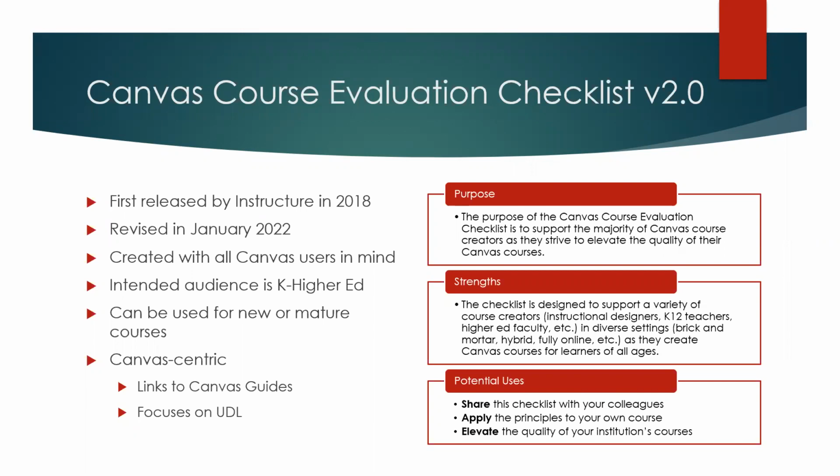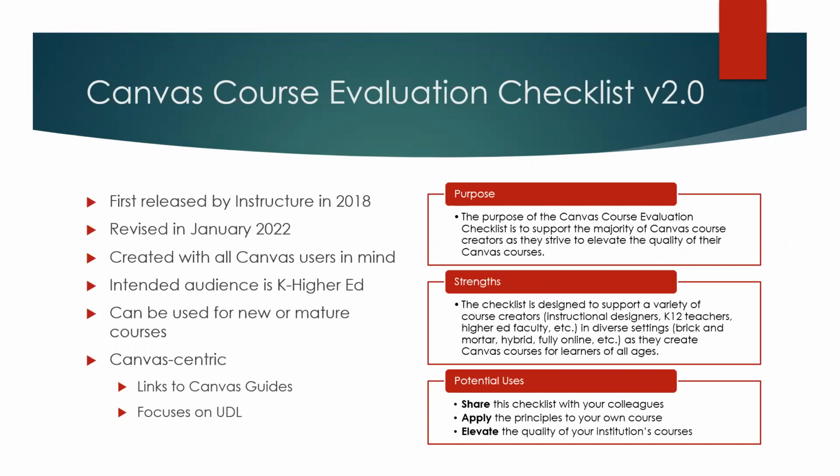So the purpose of the Canvas Course Evaluation Checklist is to support the majority of Canvas course creators as they strive to elevate the quality of their Canvas courses. And that's really what we're doing today with the self-evaluation, just taking your course to the next level possible. And the checklist is designed, as I said, to support a variety of course creators.